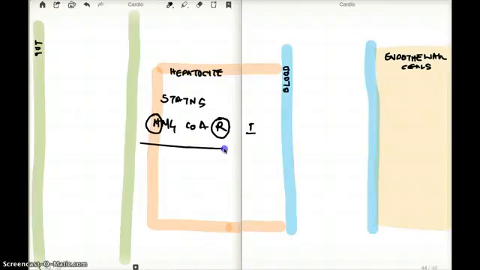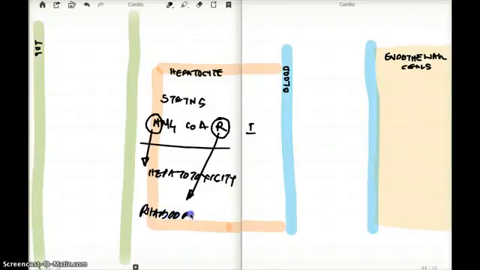So when we're talking about toxicity, what we're going to see is that it's going to cause hepatotoxicity. Okay, we're going to see hepatotoxicity with the H. And with the R, we're going to see rhabdomyolysis. Okay, so these are the two toxicities we're going to see mostly with the statin drug.